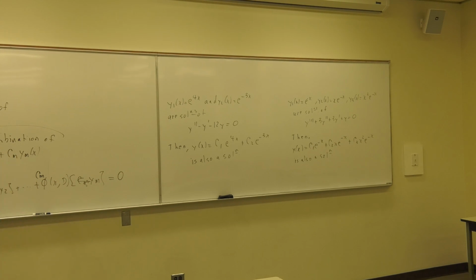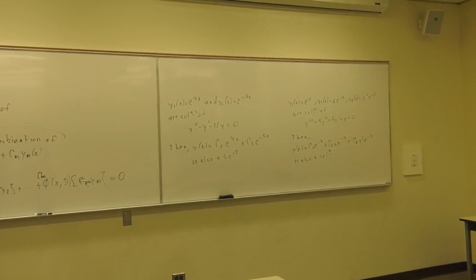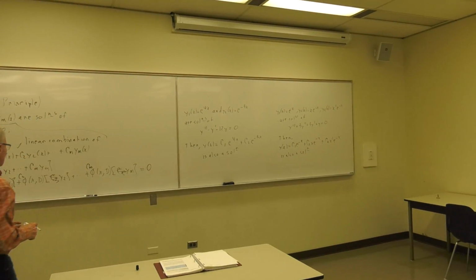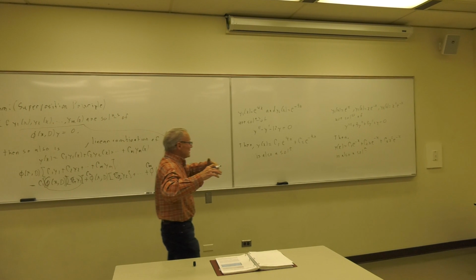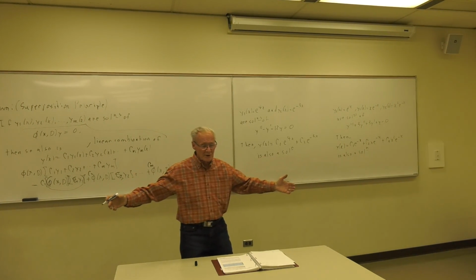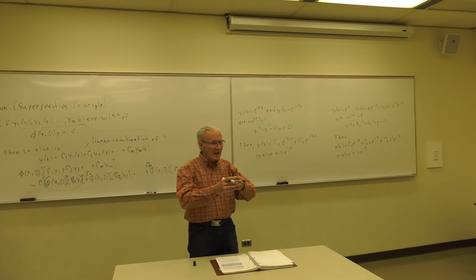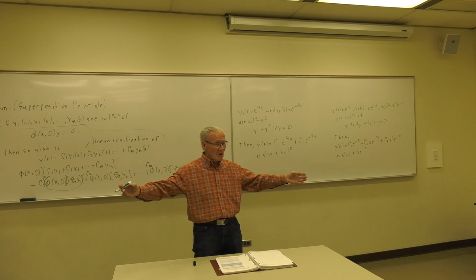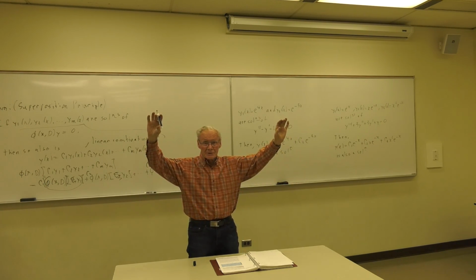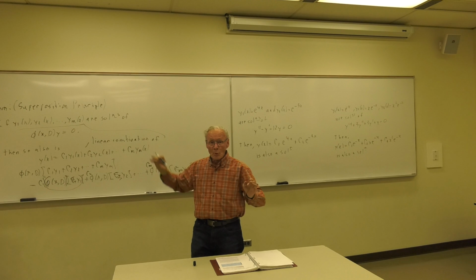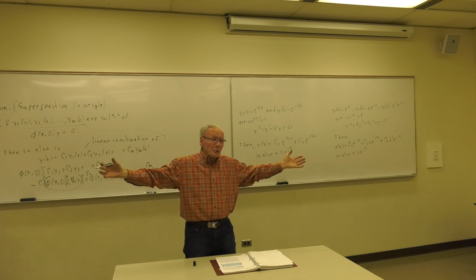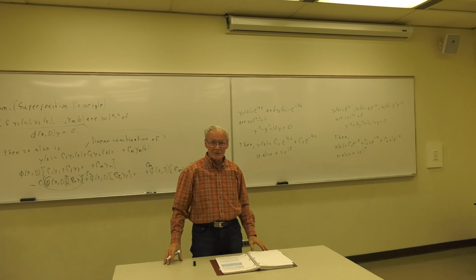So we're getting the idea then. Say you've got a fourth-order differential equation, and you want to find a 4-parameter family of solutions. Go find 4 solutions. Superposition will turn the 4 solutions into a 4-parameter family of solutions.